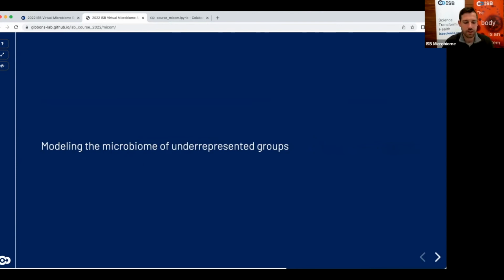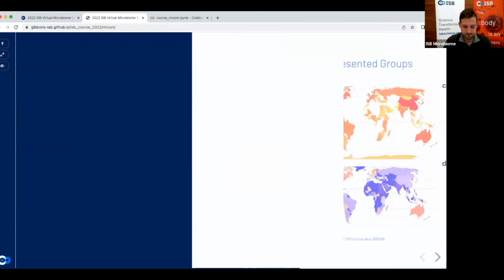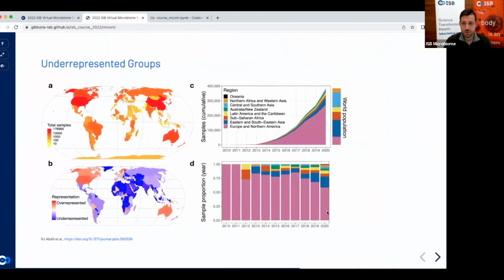let's revisit the theme of this year's course, which is, again, modeling the microbiome of historically underrepresented groups within microbiome research. So this visual, which Chris showed us yesterday, shows us just how overrepresented the North American and European microbiomes have been in the field of microbiome research in the past decade.